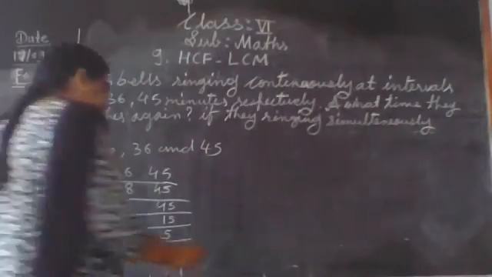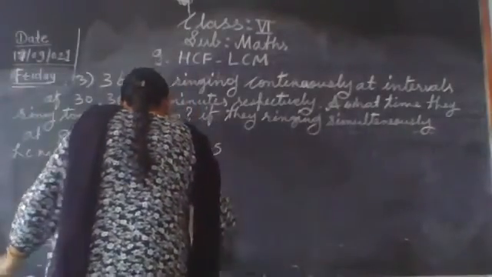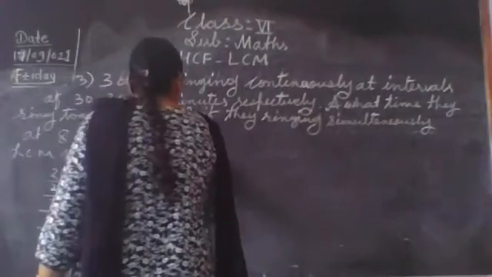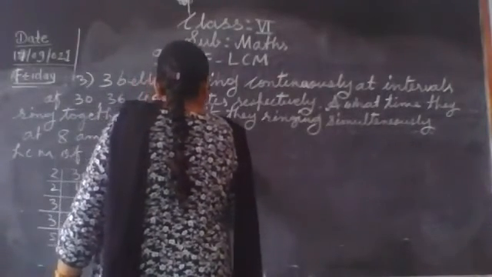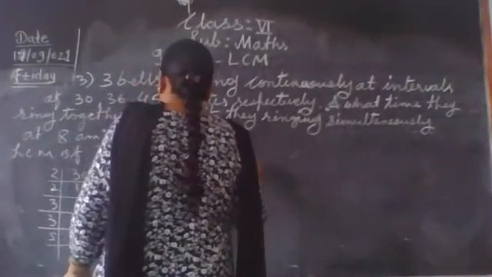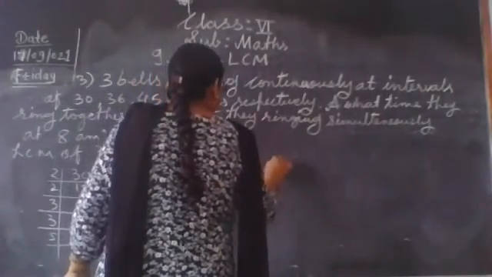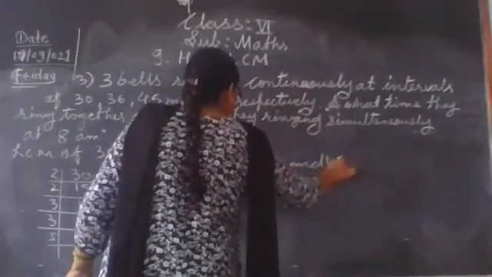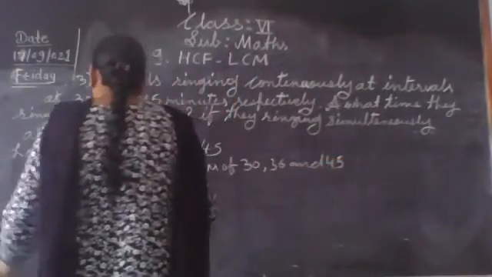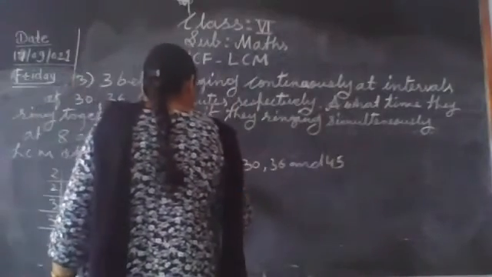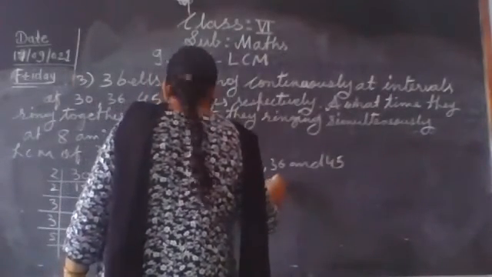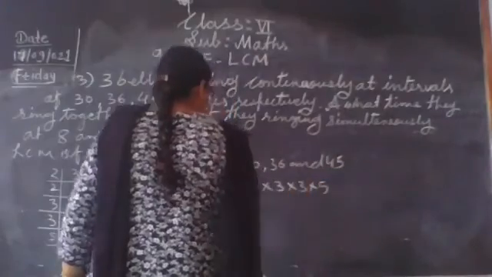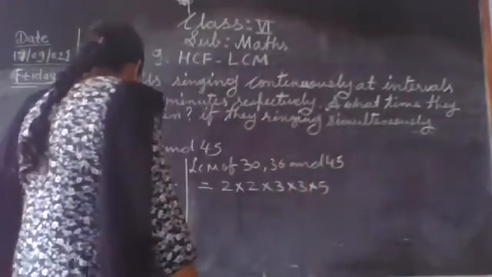Okay, so let's find the LCM. 2 times 2 times 3 times 3 times 5.